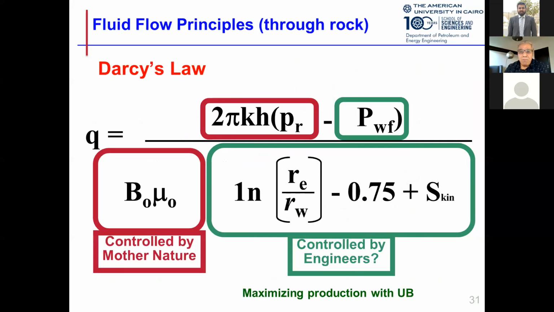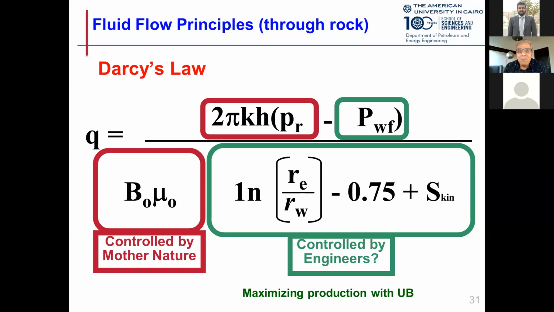Again, we come back to this equation: how can we maximize production now? This requires petroleum engineers to take care of the variables in the green rectangular areas. Let's say the bottom hole pressure is to be increased, so as not to deplete the reservoir. If you increase it, the difference between reservoir and bottom hole pressure will be low.